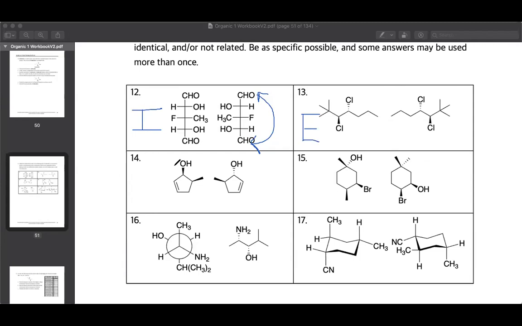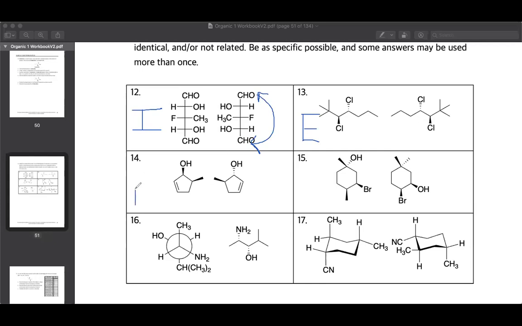Okay, cool. 14. I see kind of mirror images, and also they are not mirror images because of this dash here, and they are also not superimposable. So these would be diastereomers, okay, but specifically geometric. I love that, you guys are catching it.